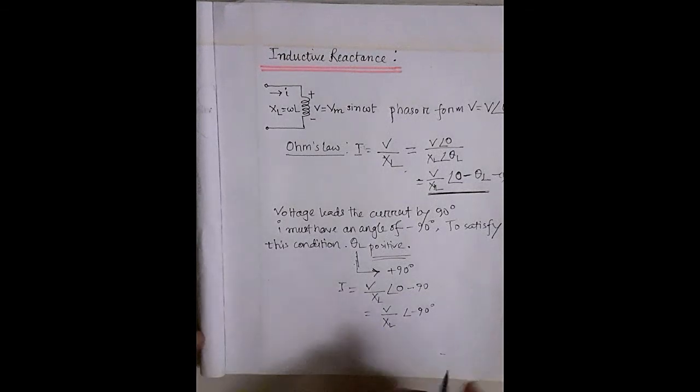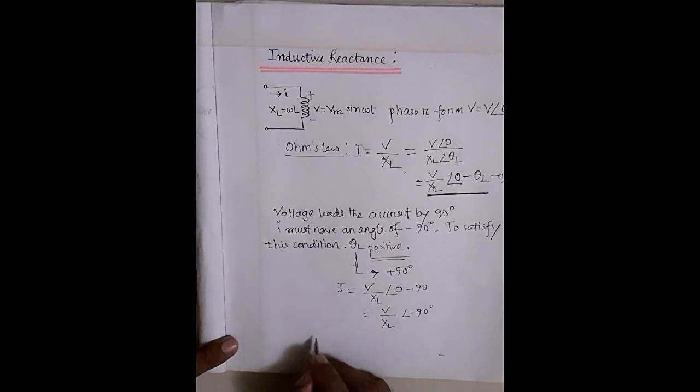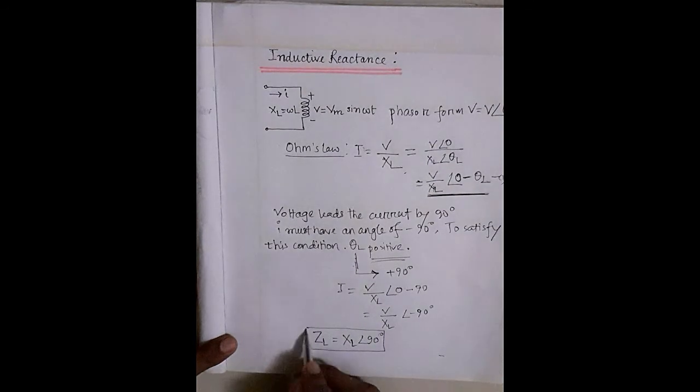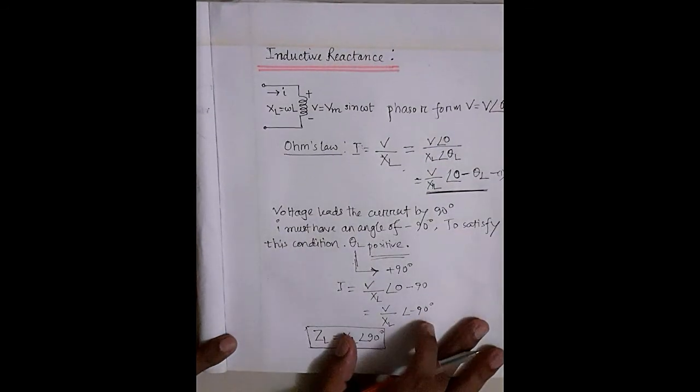And there is another important thing you need to remember, the relationship between the reactance and inductance. Z of L should be X of L with an angle of 90 degrees. You need to remember this one and it will come in handy. Okay, this will be very helpful.